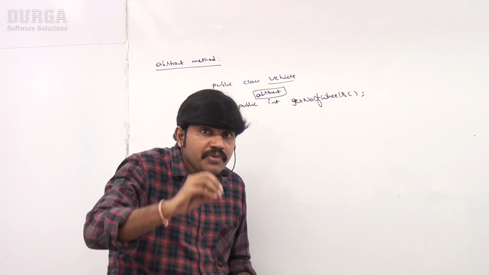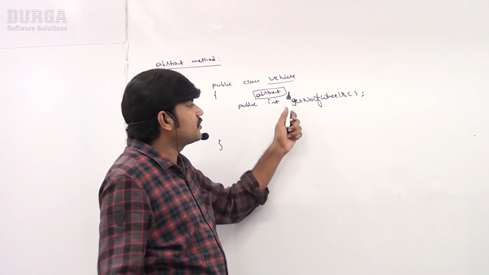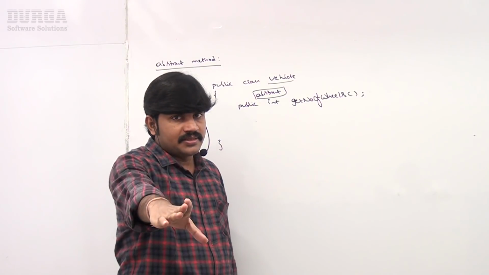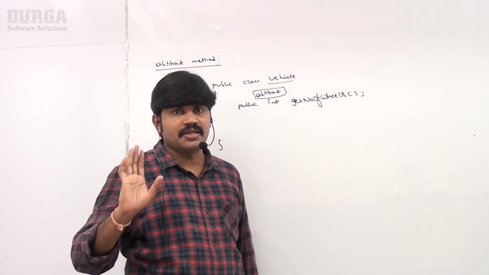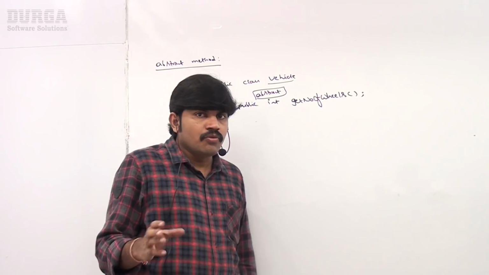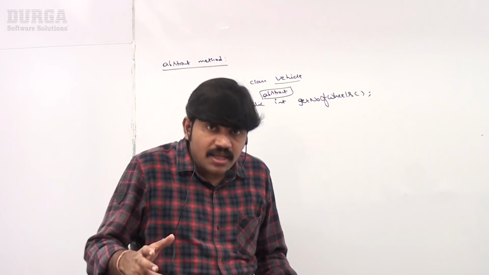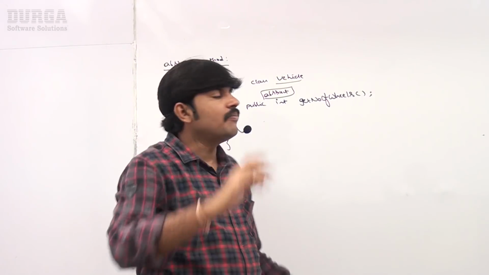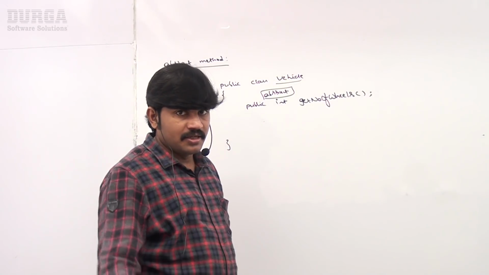So what is the meaning of an abstract method? An abstract method has only a declaration but not the implementation. Sometimes we don't know about the implementation. Still, is it possible to declare a method in Java? Yes, possible, by using an abstract method.